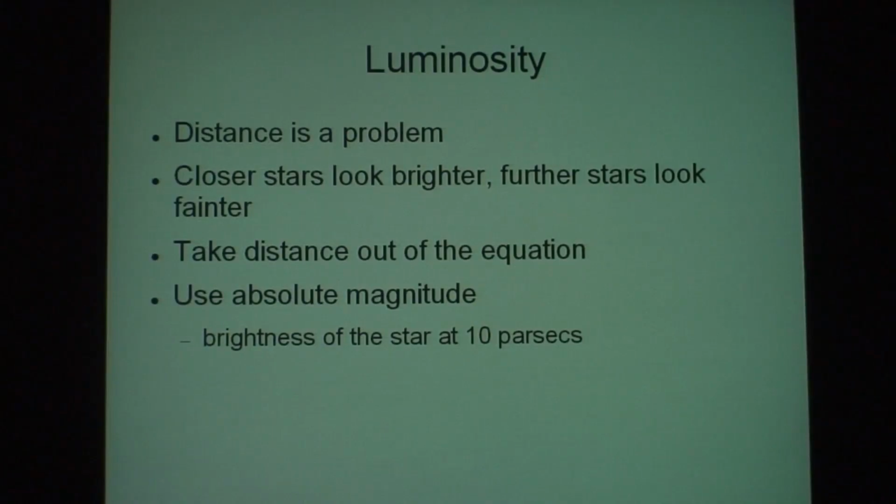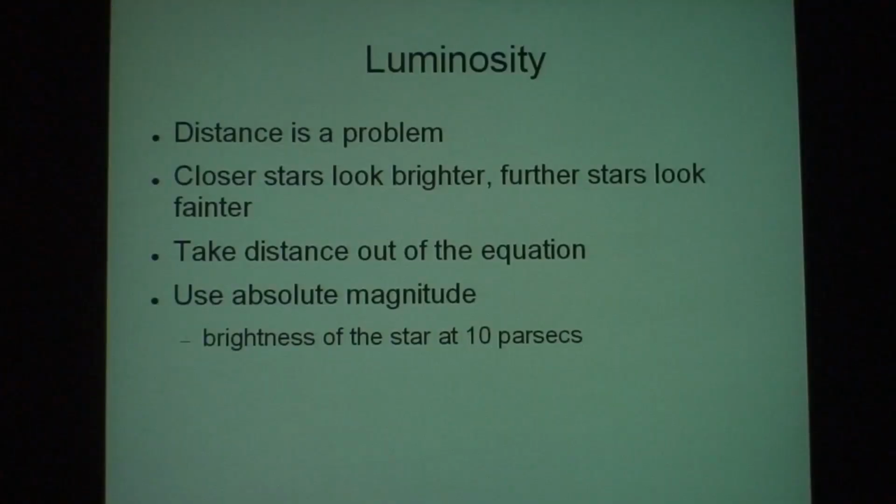And this is why it took until about the year 1900 or 1910 for Hertzsprung and Russell to be able to do this graph, because it's very difficult to figure out how far away a star is, and therefore what its true intrinsic luminosity is. So in our case, we won't deal with that tonight. We'll ignore that problem. And we will just use the absolute magnitude, which is the conventional thing.